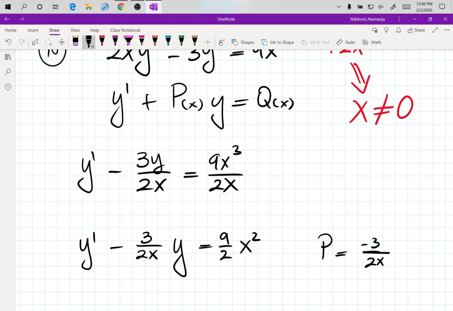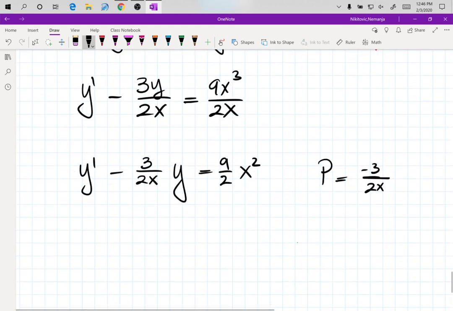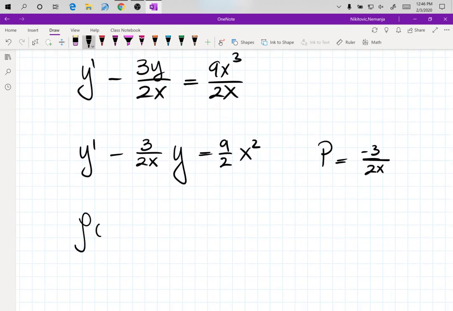And this x is in the denominator, so it's going to be ln. And this is where we go, woo, because it kills that e. Rho of x is going to be e to the integral of -3 over 2x dx.